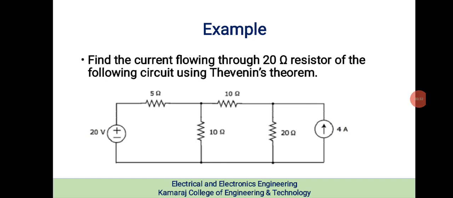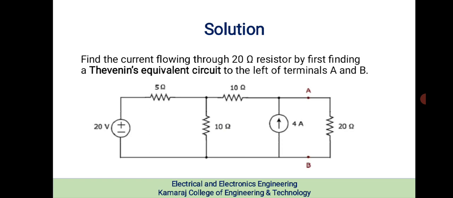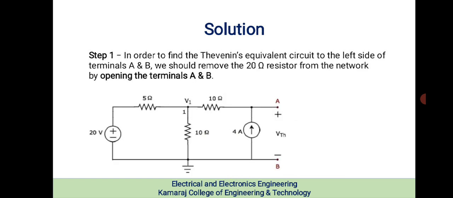So here step one: we need to find the current in the 20 ohm resistor, so I am going to find the Thevenin's equivalent circuit to the left side of terminals A and B. We should remove the 20 ohm resistor from the network by opening the terminals A and B. Here I have rearranged the circuit, the 20 ohm resistance is removed, and the remaining circuit is drawn.